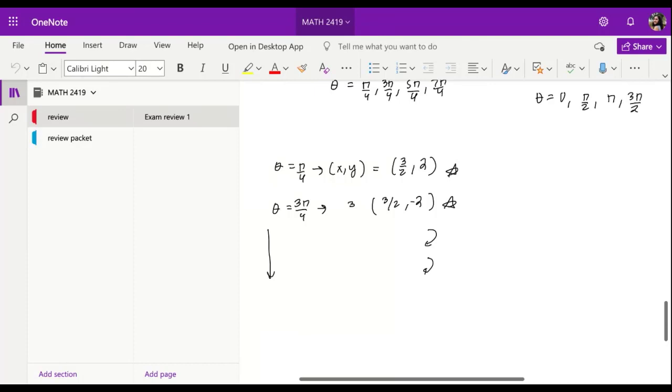Similarly, we can find the vertical tangents. We plug our first θ value of 0 into both x and y, and we should get 3, 0. If we do the second one, π/2, we will get 0, 0.